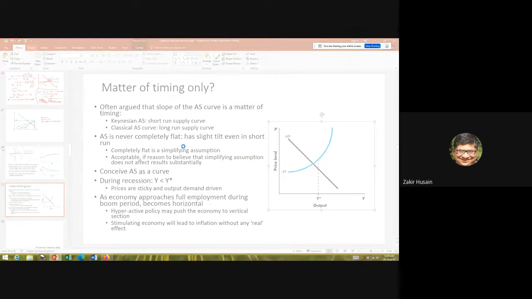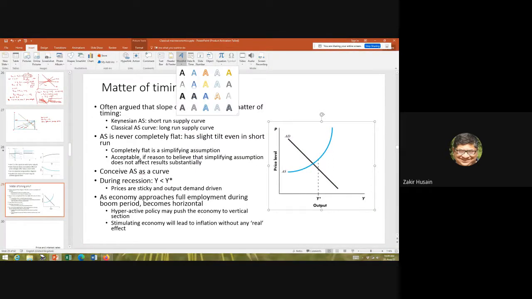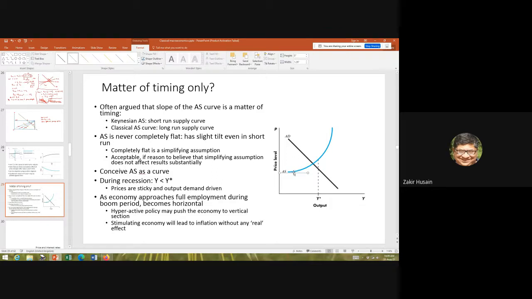Wait a minute. So this difference doesn't have any major economic implication, basically. Just 1 minute. I'll come to your question. So in this part, during recession, you can see that the supply curve is something like this.